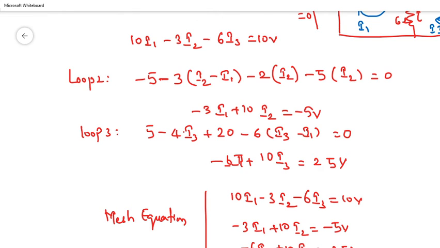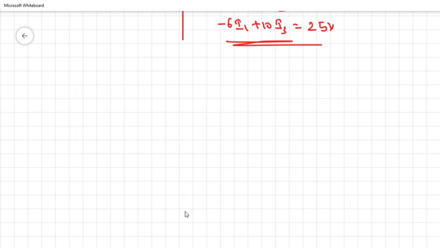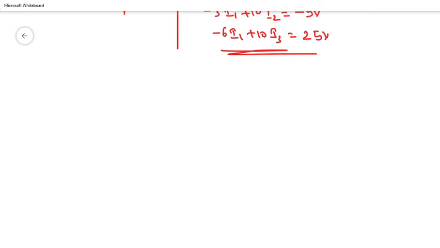So these are the 3 mesh equations we written. So like this we need to apply KVL in a mesh. Okay. So then we'll discuss about what is super mesh.